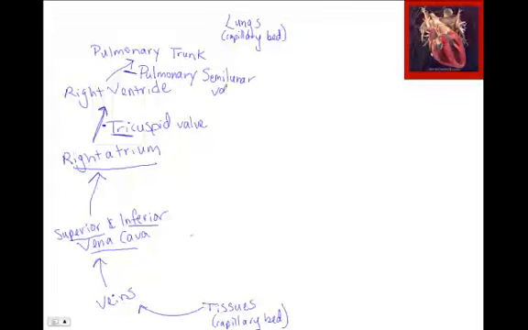Okay, and then the pulmonary trunk is going to branch into the right and left pulmonary. If you were in my class, I would ask, is it going to be arteries or veins?